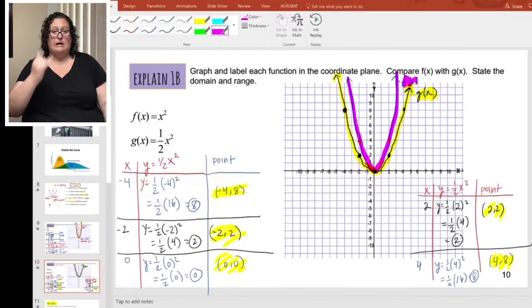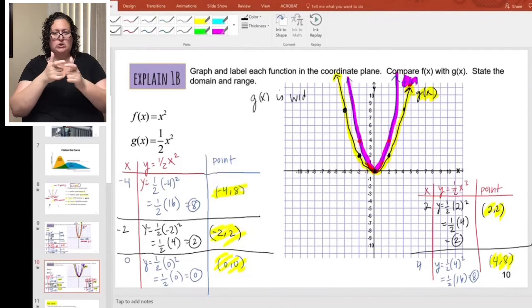So if you compare the two graphs, notice how g of x is wider than f of x. And that's because of our a value.